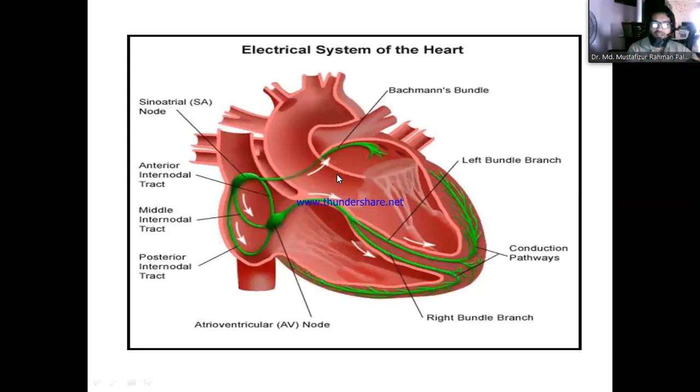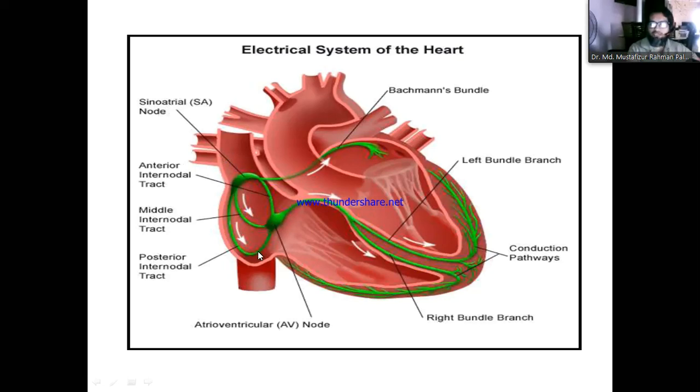All of you know that this is the SA node in the right atrium, and these are the internodal branches, and this is the AV node and the His bundle. After the His bundle, it divides in the lower part of the membranous septum into the right bundle and the left bundle. The cardiac impulse originates from the SA node.